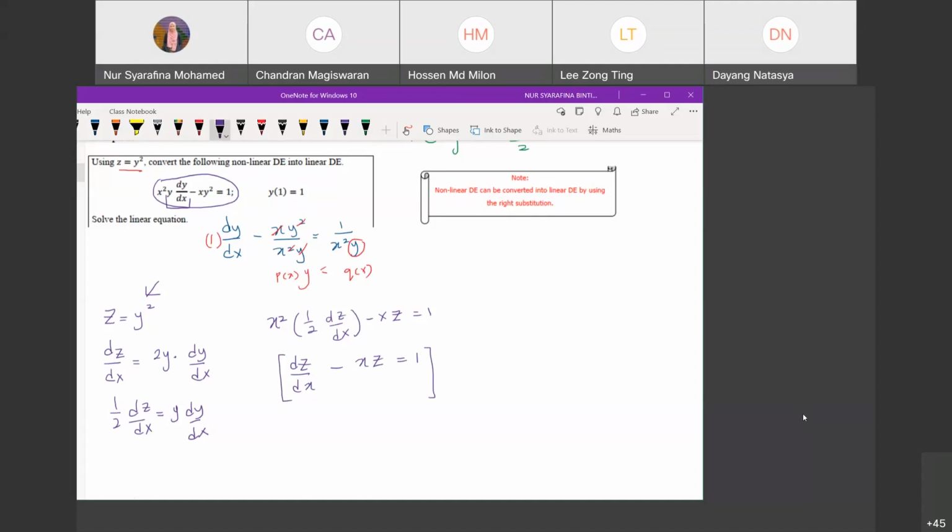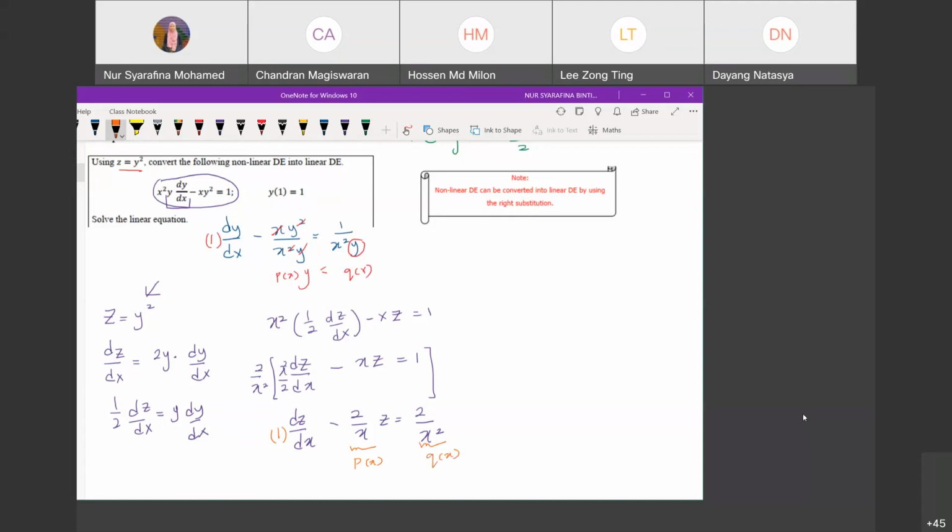Okay, so multiply everything here by 2 over x squared. So now it becomes dz dx minus 2 over x z equals 2 over x squared. So as you can see, the coefficient of dz dx now is 1, and this is a function of x with z, and this is a function of x.